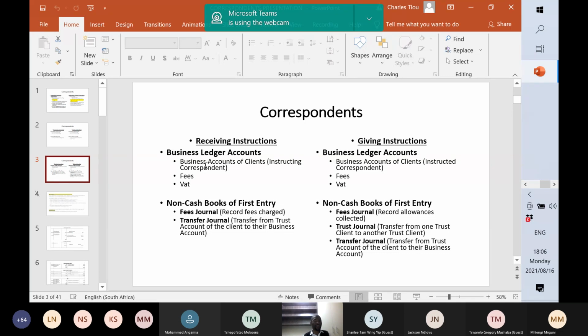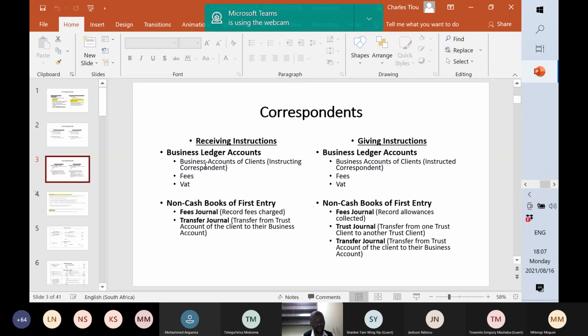You will have recorded whatever the client owes you in terms of the fees, as well as the disbursement that the client owes you. And if the client is registered for VAT, the VAT will be calculated, and the total of what you are owed plus those other entries, you will have to record into your books.